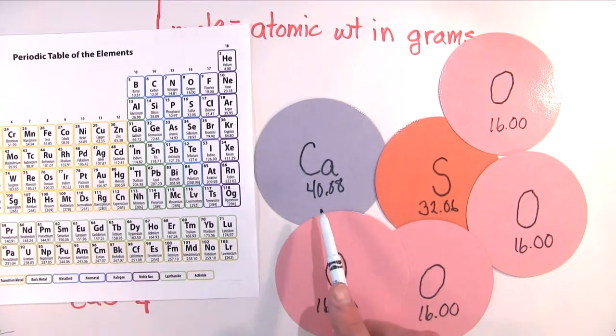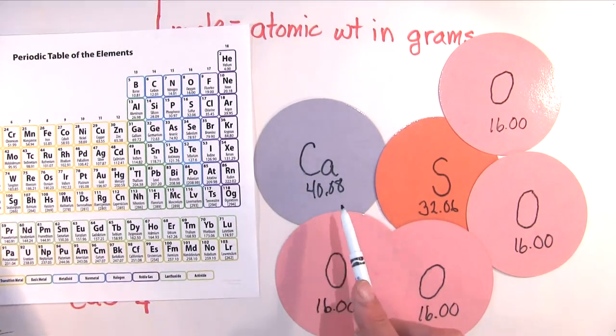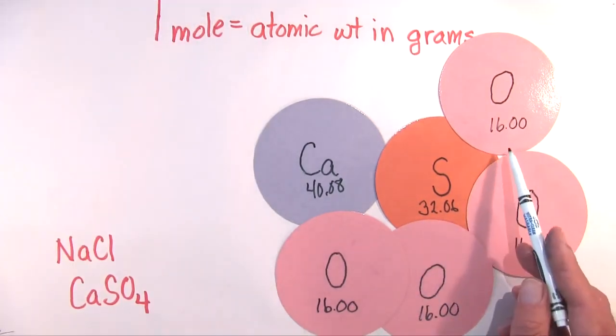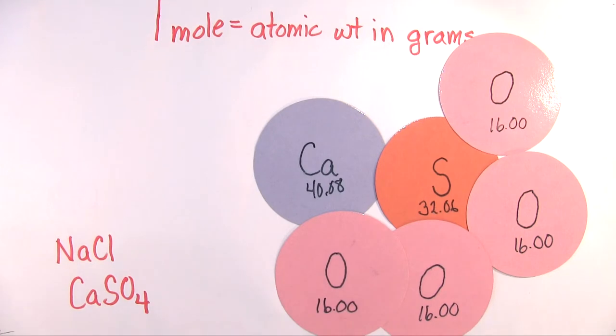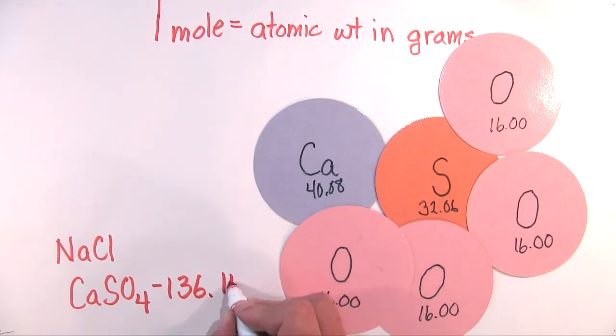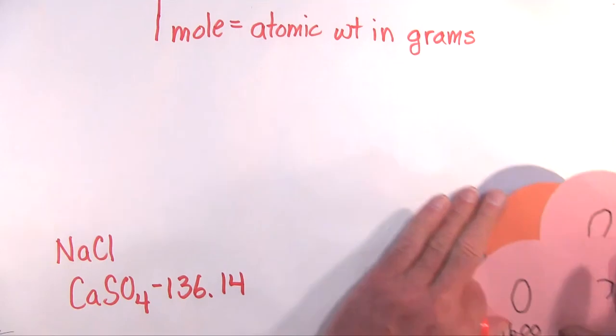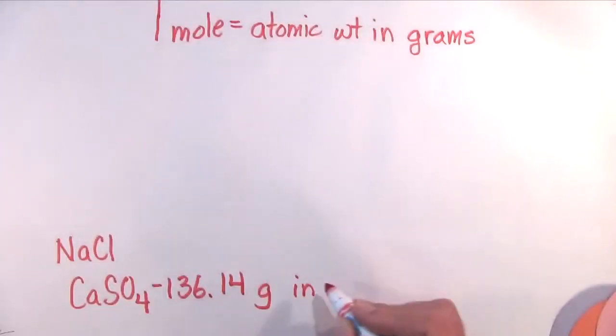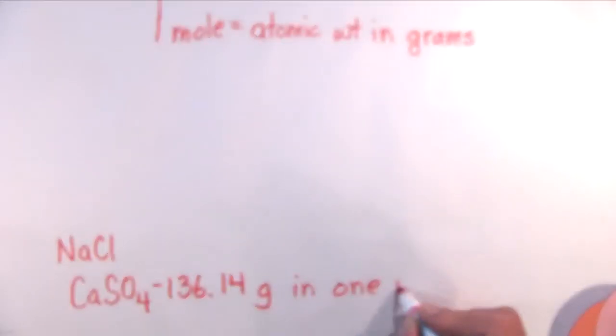Now, if I add all of those together, I add 40.08, 32.06, 16 plus 16 plus 16, I get a grand total of 136.14. In other words, there would be 136.14 grams in 1 mole.